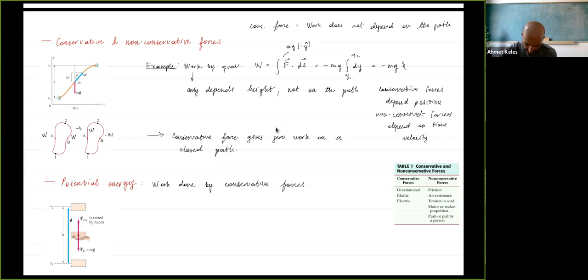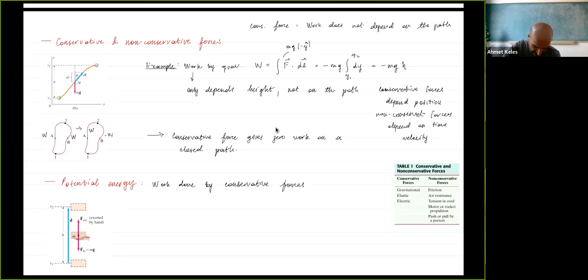Here's an example of why we call it potential energy. You have a block, and you lift this block to a height h, and you ask yourself how much work is done on the object by gravity, or by your hand, assuming it moves with constant velocity.